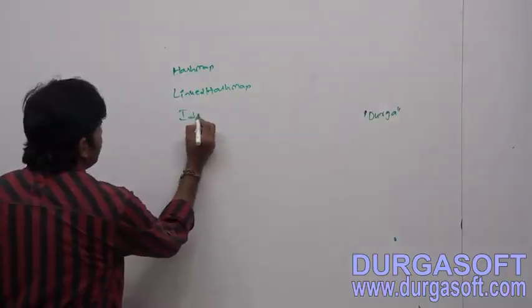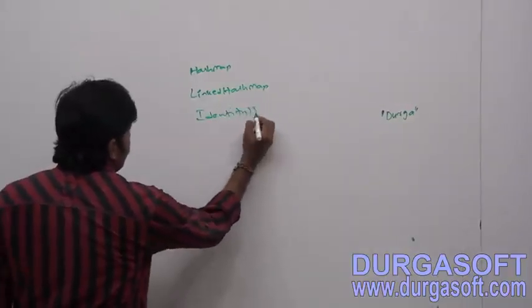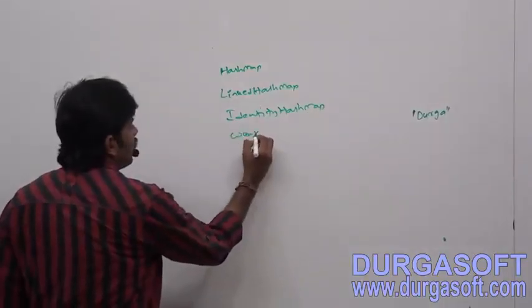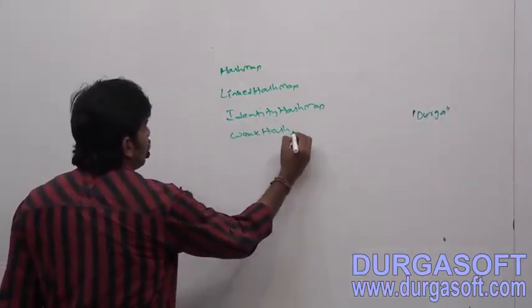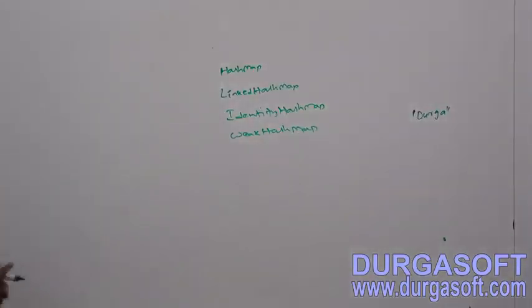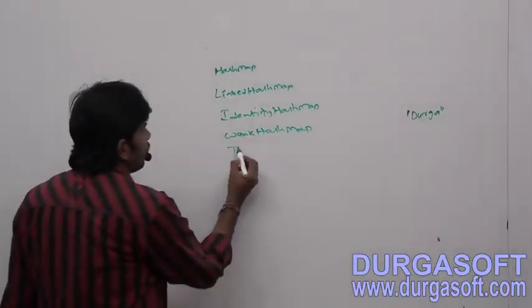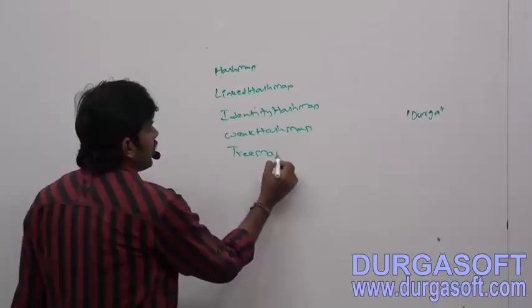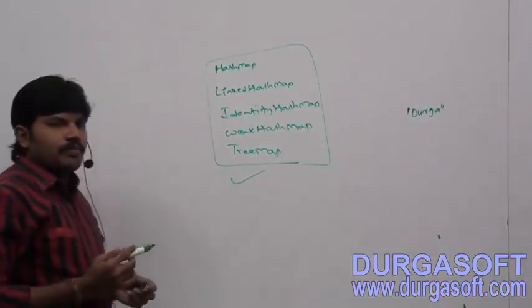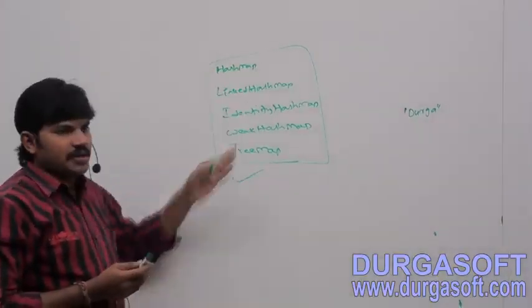And then identity hash map, weak hash map, and after that sorted map, and the implementation class is what? Tree map. All these classes we discussed with examples, right? I hope no explanation is required for this now.